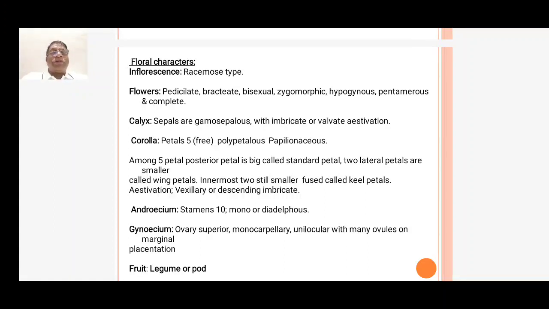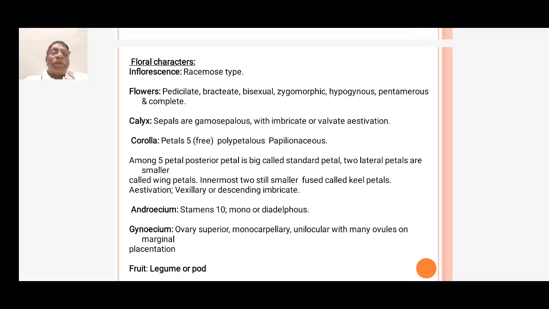The estivation is vexillary, or descending imbricate. Another important character of the family. Okay, the most important characteristic feature of the family.